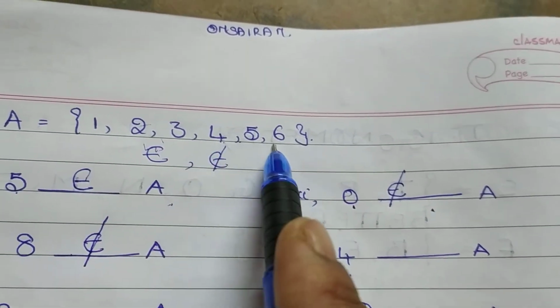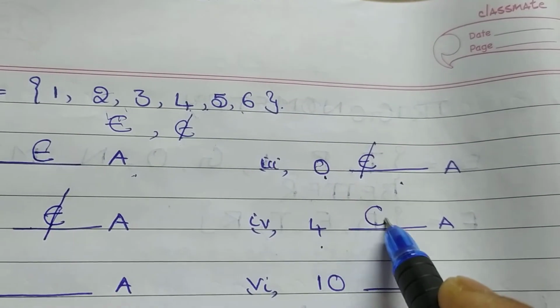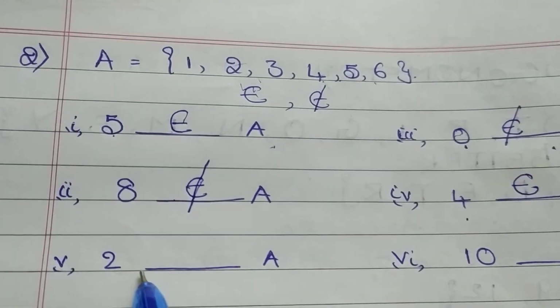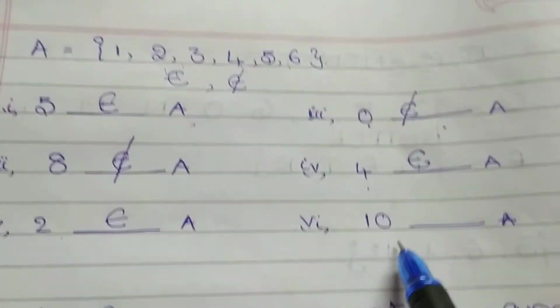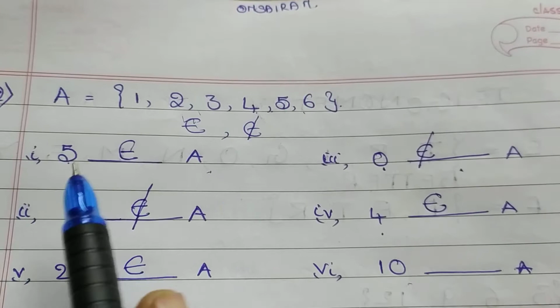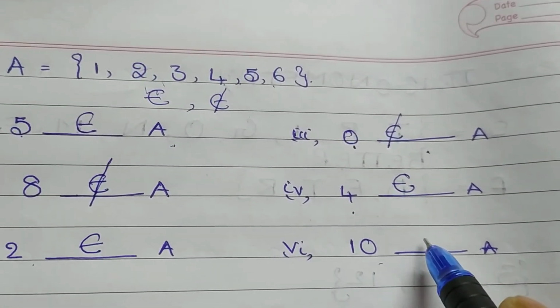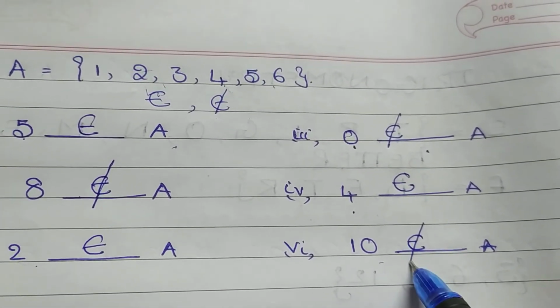Yes, 4 is there in the set. So 4 belongs to A. Next, 2 belongs to A. Yes, 2 belongs to A. And 10 is not there in the set A. So we will write it as 10 does not belong to the set A.